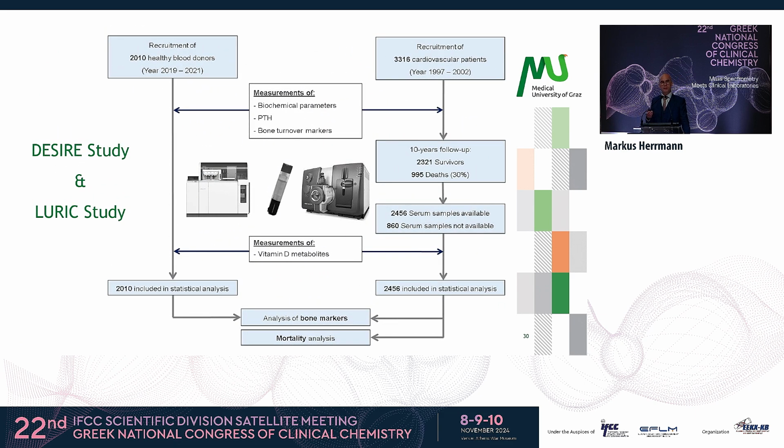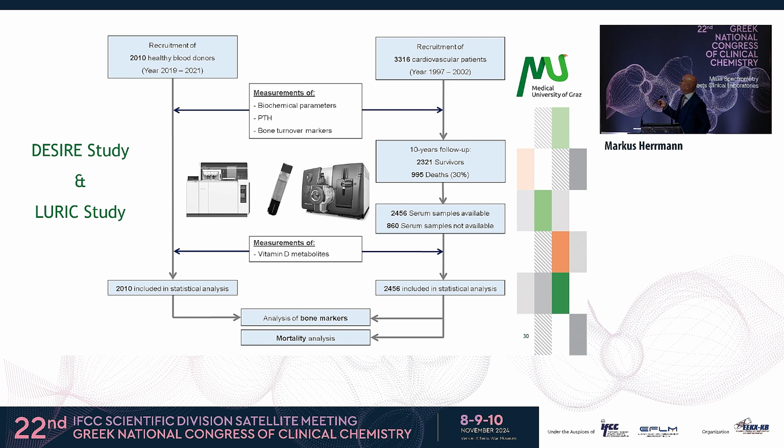Next, we wanted to understand if vitamin D metabolite measurement is also useful in a mixed adult population. And for this purpose, we measured vitamin D metabolites, parathyroid hormone, and biochemical bone turnover markers in over 4,000 serum samples from 2 independent cohorts, DESIRE and LURIC.